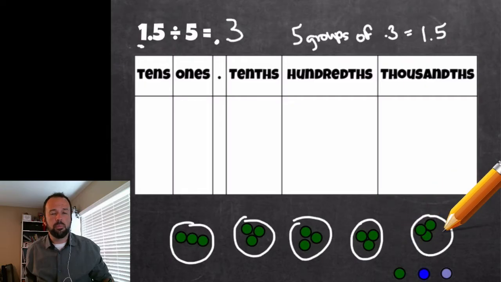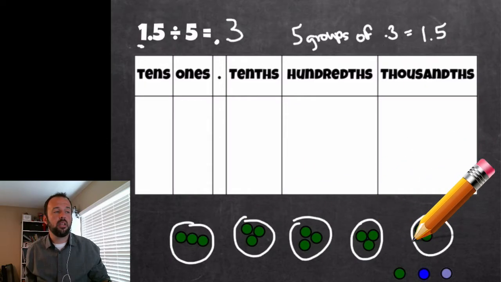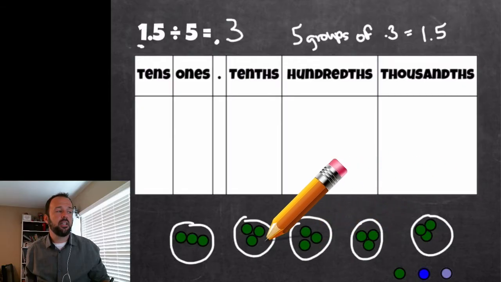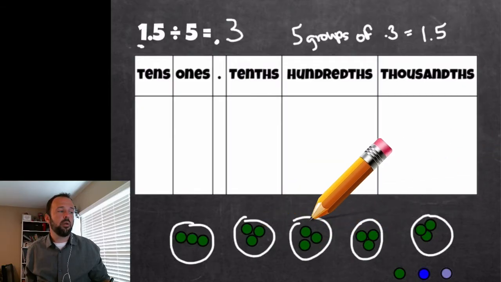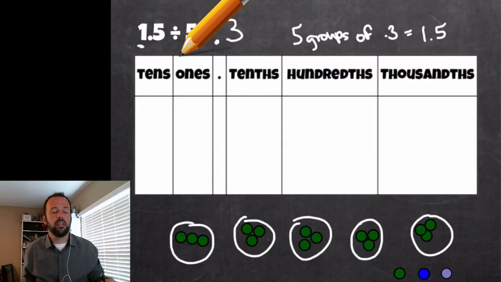If we were to put these back together, or multiply it, or however you want to look at it, I would have 1, 2, 3, 4, 5, 6, 7, 8, 9, 10, which would be my 1 whole, and then 1, 2, 3, 4, 5, which would be my 5 tenths. So hopefully that's starting to make sense a little bit.